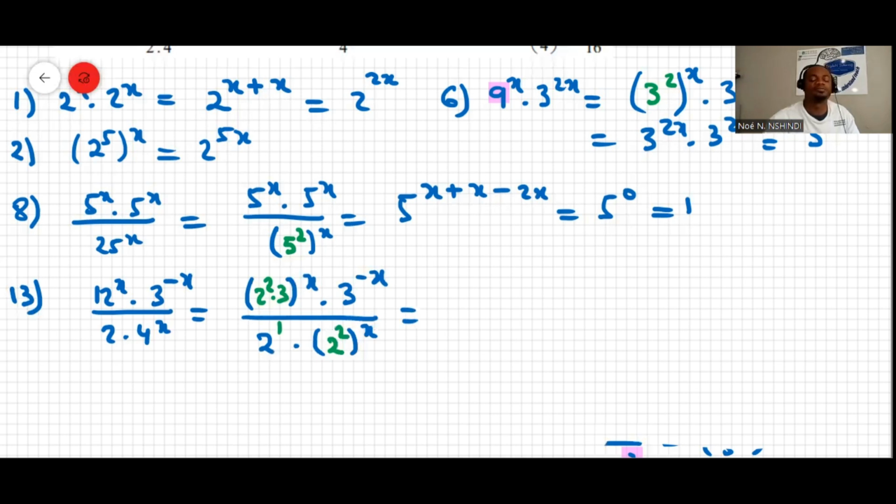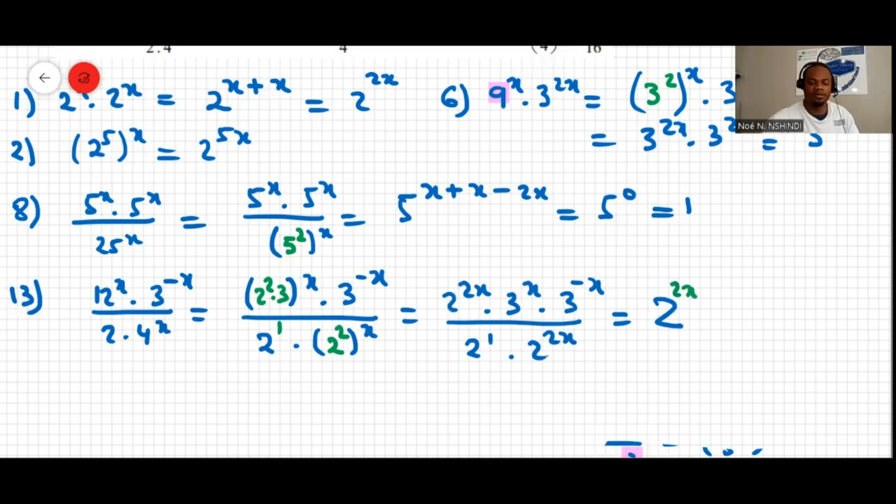Now we can reduce this. This is 2 squared to the x, times 3 to the x, times 3 to the negative x, over 2 to the power of 1 multiplied by 2 to the power of 2x. Then we write 2, and the exponent will be 2x minus 1 minus 2x. And then 3 multiplied by 3, and the exponent will be x minus x.